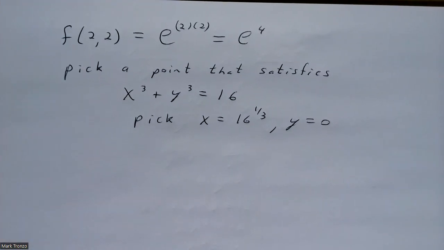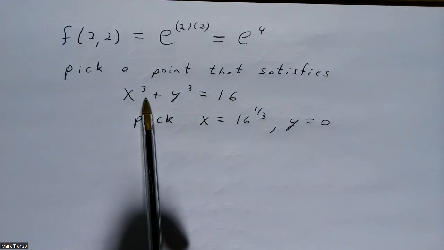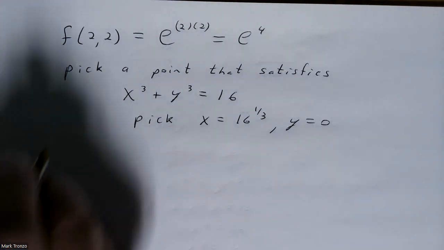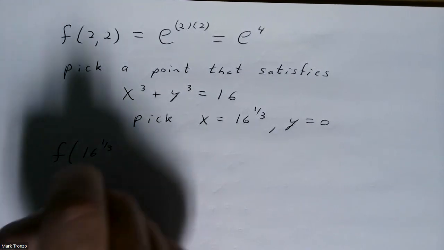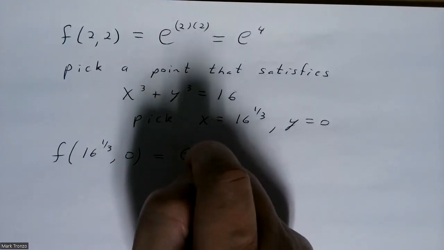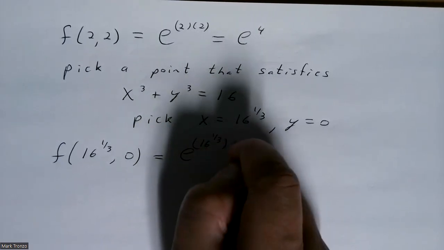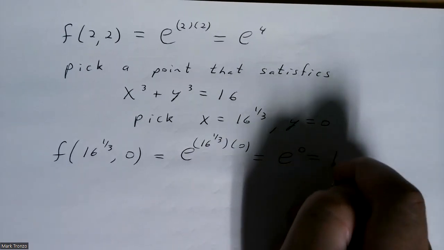Because notice that would satisfy our equation, because if you cube it, you're going to get 16. So now check that in the function. That's going to be 16 to the one third times 0, so e to the 0, which is 1.